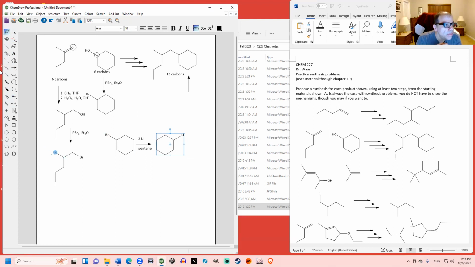And then we turn that alkyl lithium into the cuprate by treating it with copper 1 iodide.